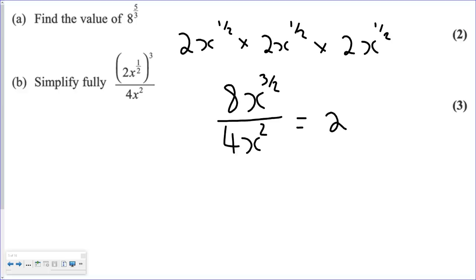So we're doing 3 over 2, take away 2. Now another way of writing the number 2 is to say that's 4 halves. So if we do 3 halves, take away 4 halves, that leaves us with minus a half. Alternatively, you could write that as 2 over root x. But either way is fine.